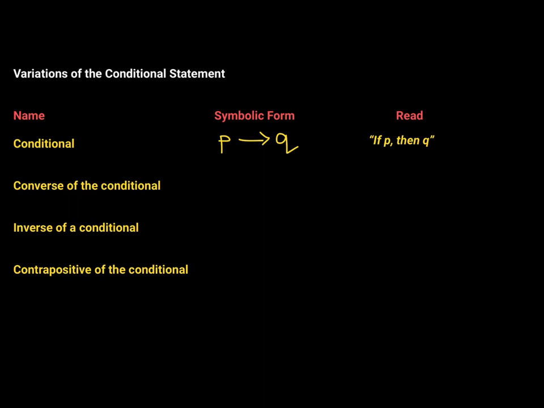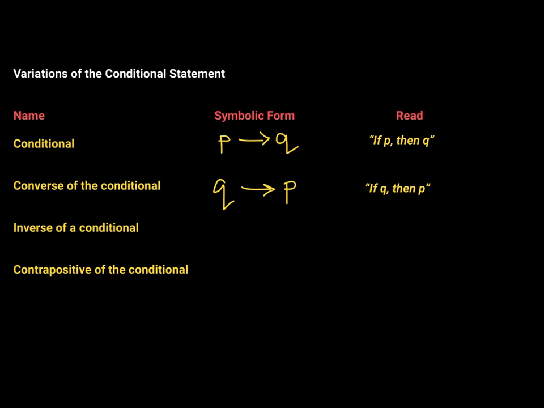The converse, and this word here is so important in the study of mathematics. The word converse means you just switch the antecedent and the consequent. So if you switch the antecedent and the consequent, it means if Q, then P. That's the converse.